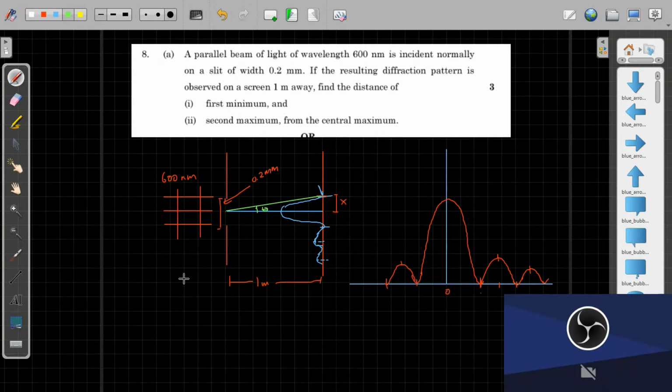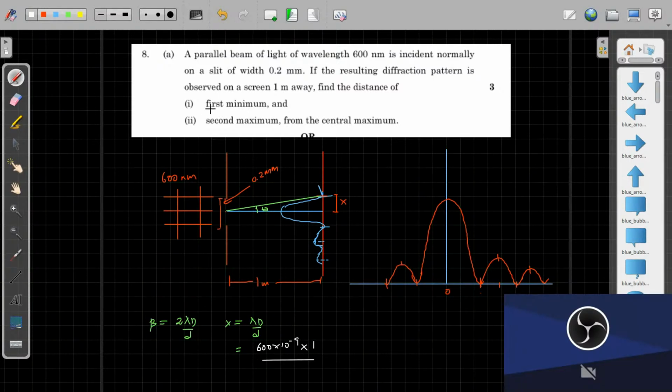As we know, the fringe width beta of the central maxima is 2 lambda D by d. But we only need x. So x is nothing but half of this beta, that is lambda D by d. Lambda is 600, so 600 into 10 to the power minus 9, into D which is 1.